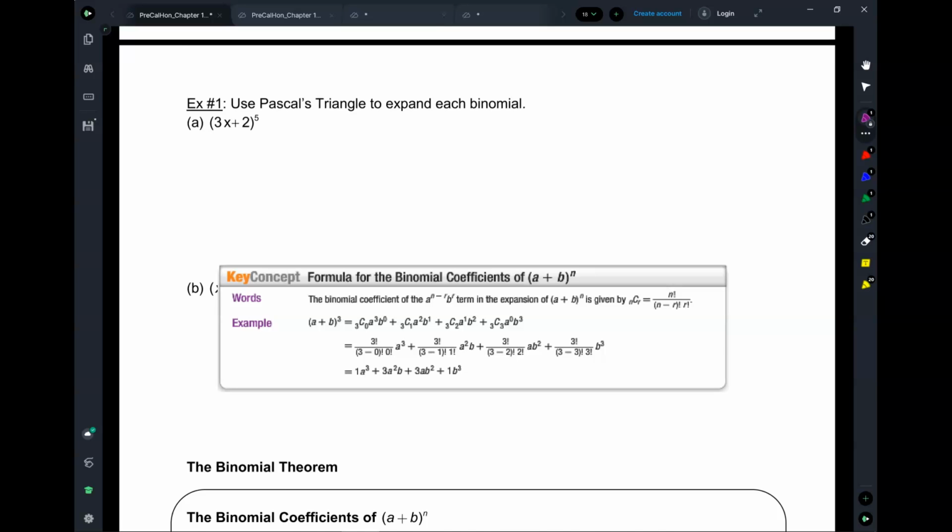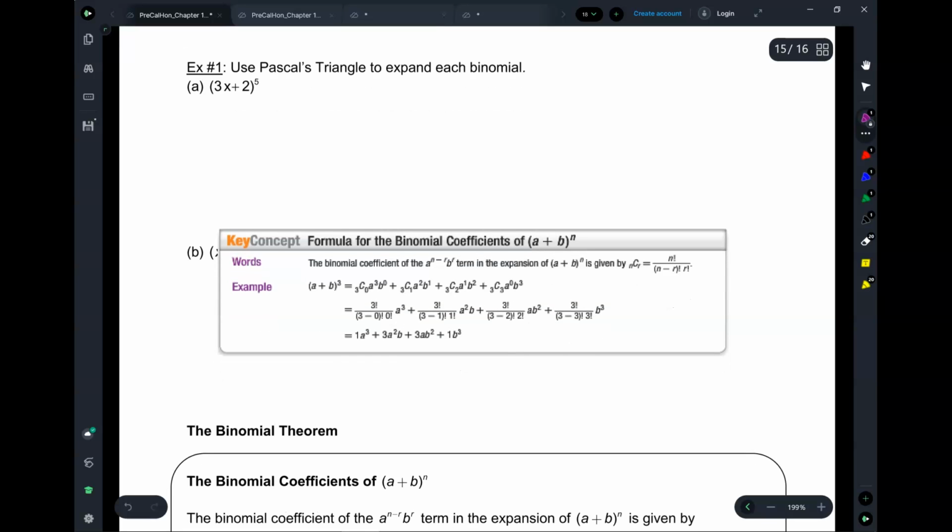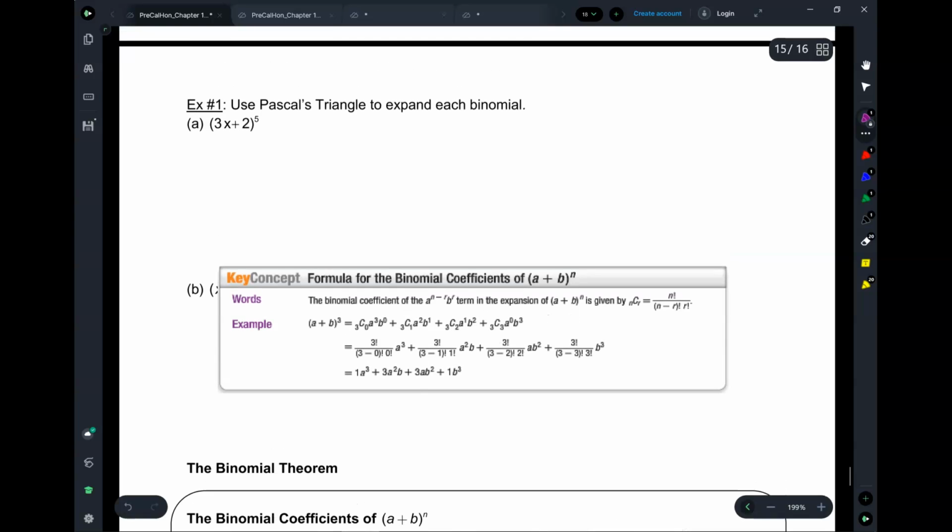Okay. All right, so we're going to use Pascal's triangle to expand each binomial. So take a look. This is n equals 5, right? So if I were to do this on a quiz, it's 1, 1, 1, 2, 1, 1, 3, 3, 1.